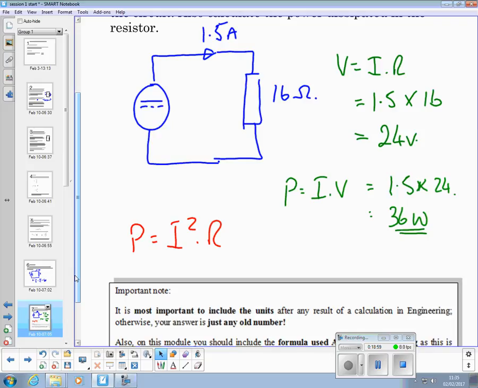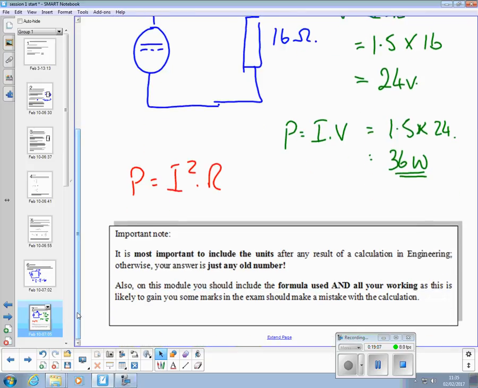Again, same rules apply. Don't evaluate pi until you have to, when that crops up a bit later on in science. On the bottom there, important note. It's important to include the units after any result, otherwise your answer is just any old number. Sometimes the answer to a question is a ratio and it doesn't have any units.